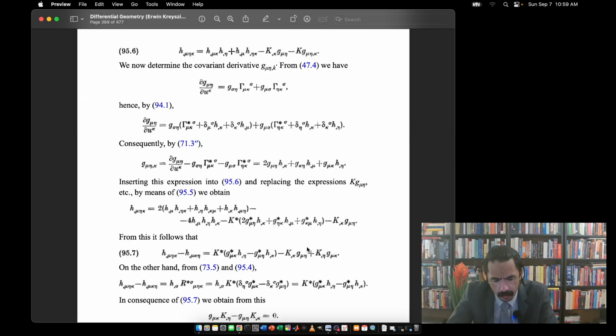By this, we have that g_{μη,κ} = ∂g_{μη}/∂u^κ − g_{ση}Γ*^σ_{μκ} − g_{μσ}Γ*^σ_{ηκ} = 2g_{μη}h_{,κ} + g_{κη}h_{,μ} + g_{μκ}h_{,η}. Boy, reading this out loud is one of the trickiest tongue twisters of the entire book, if I do say so myself.